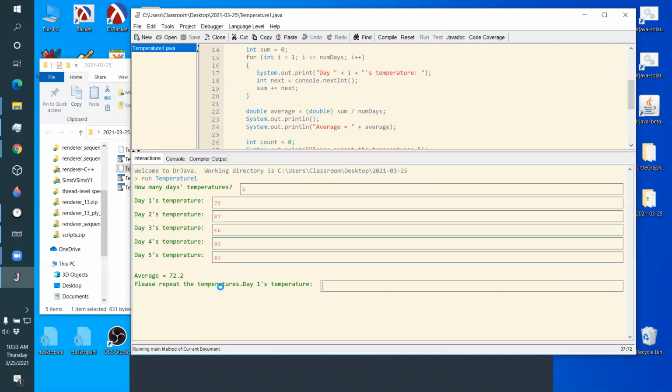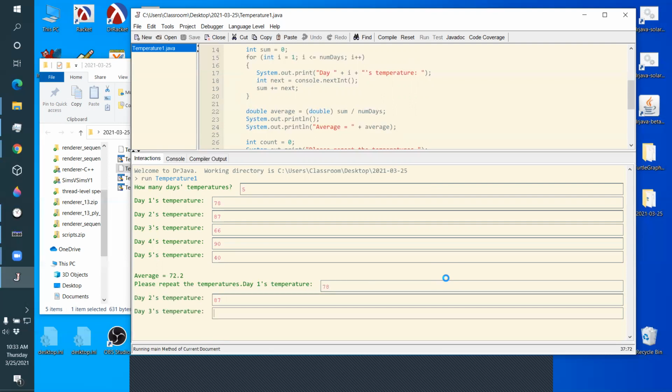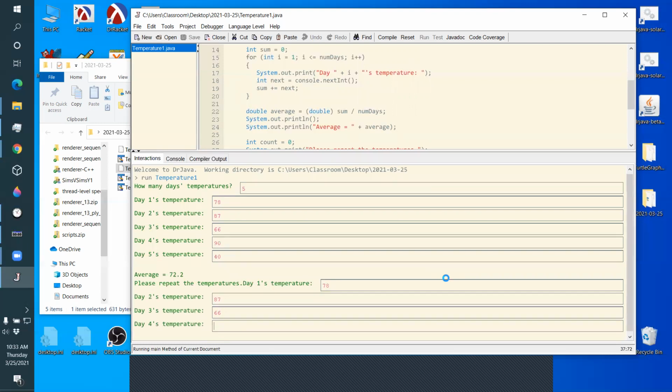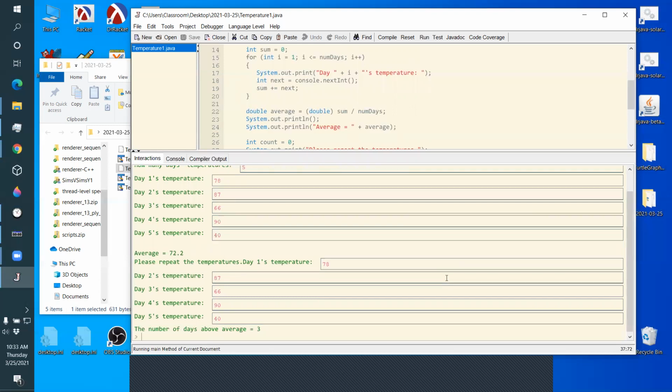Please repeat the temperatures. So day 1 was 78. Day 2 was 87. Day 3 was 66. Then it was 90, and then it was 40. And there were 3 days above average. 1, 2, 3. 3 days above average.